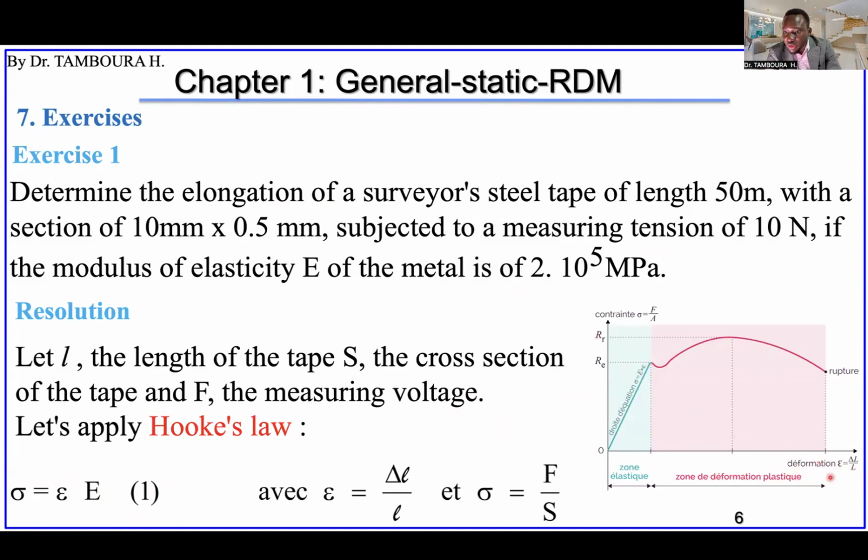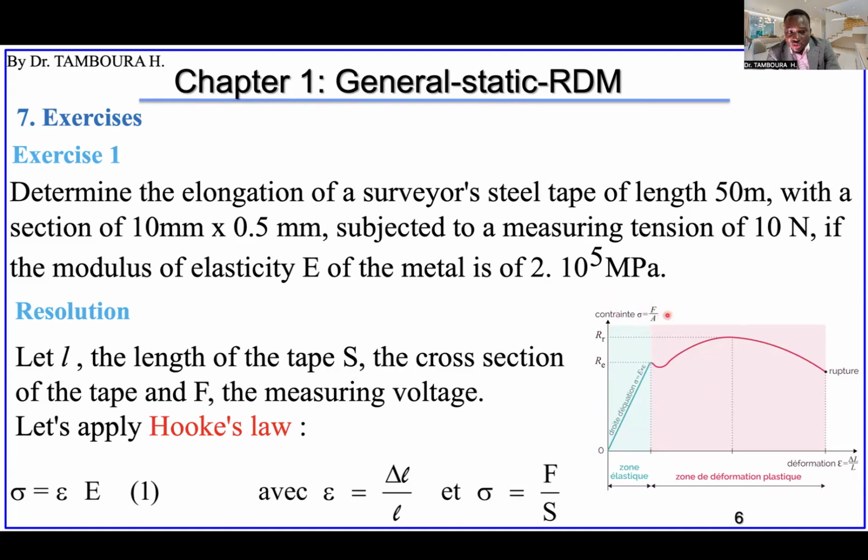This is the deformation, it means the strain. Strain and stress are here. The strain is just the variation in the length divided by the original length, and the stress is force divided by this area, the section.